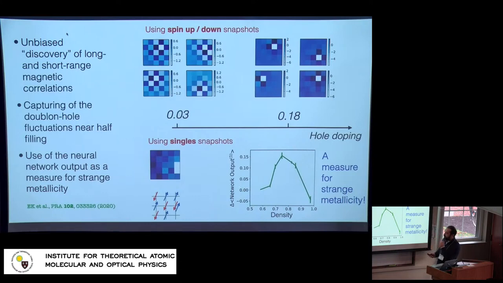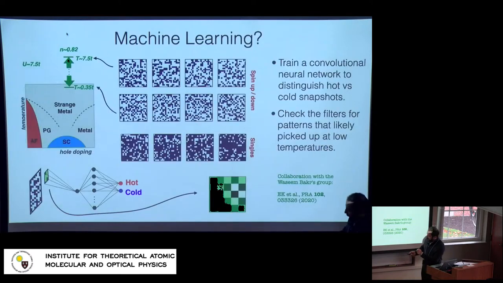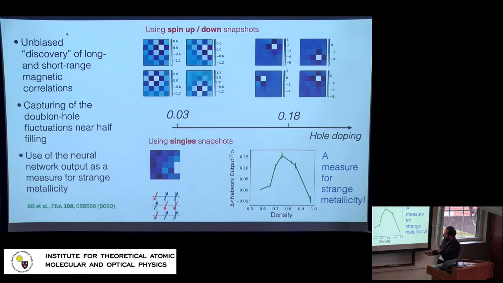This is basically the output of your neural network, the output at the cold neuron of your neural network. However, you have to be careful here because density is itself a very straightforward indicator for the neural network.